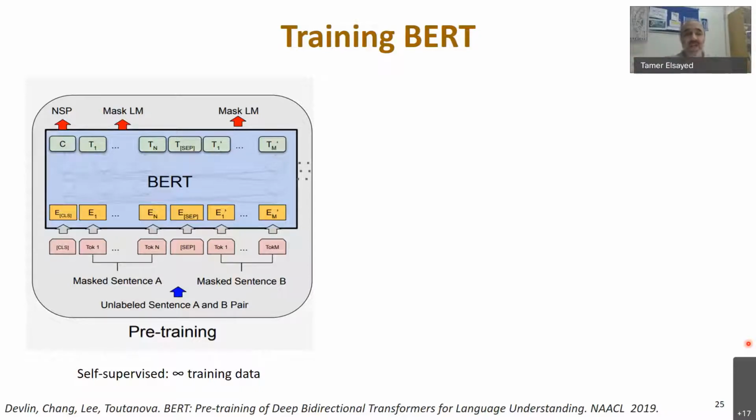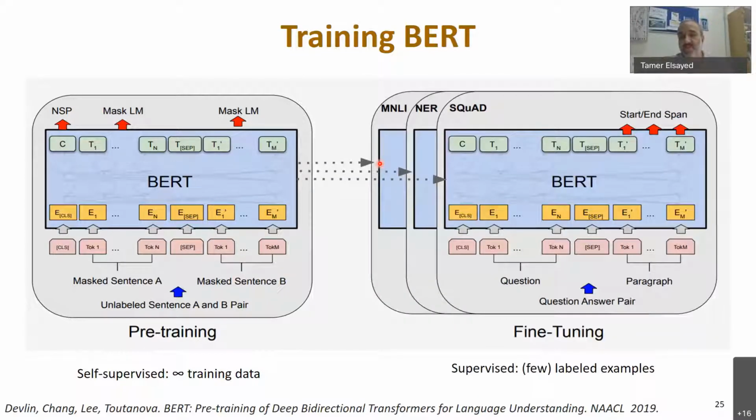So this is like learning a lot from the training data, learning a lot about the language. But now if I want to do a specific task, I have to tune it a bit to learn something specific about that task. This is what we call fine-tuning. So that's the second phase. You see here, it is one model, but that model is used to learn multiple tasks.